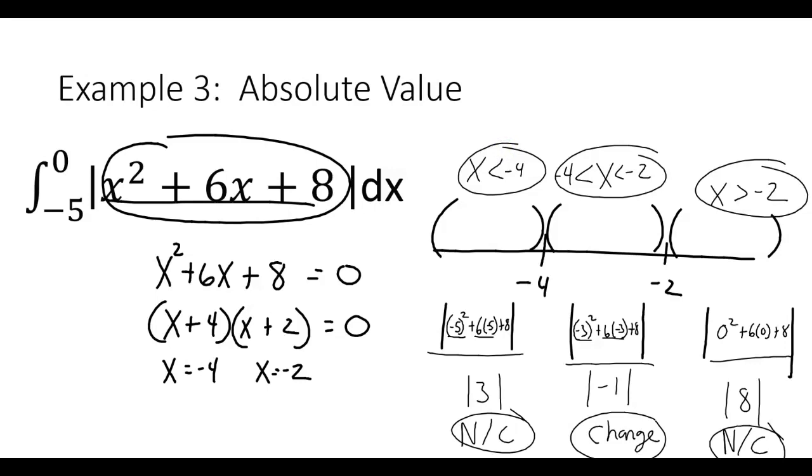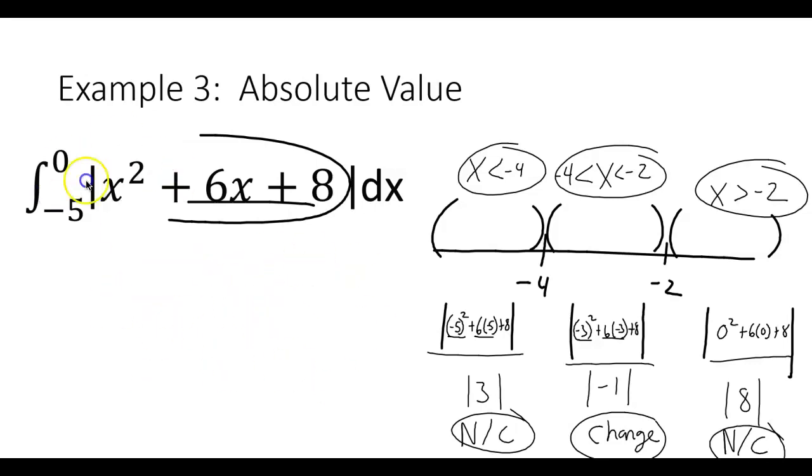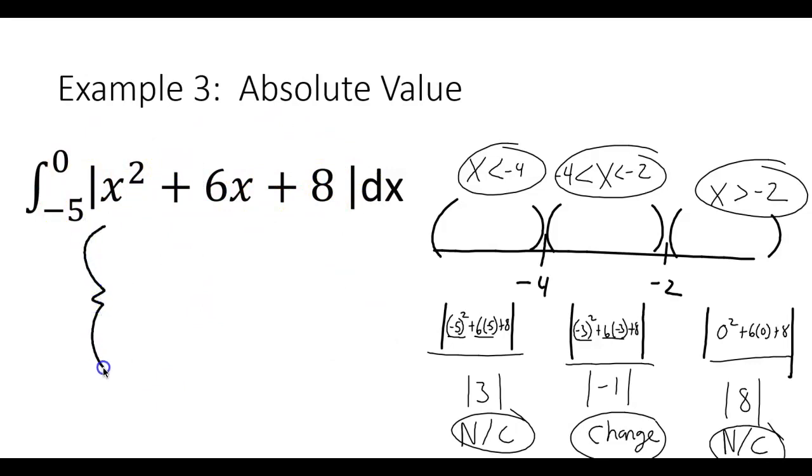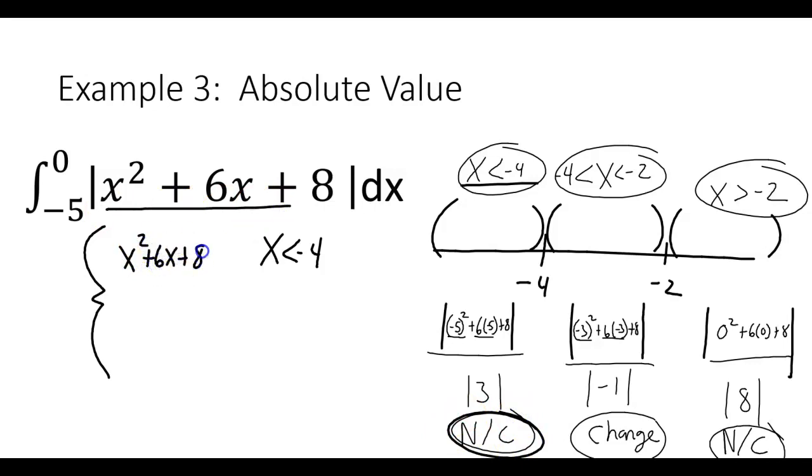And so whenever I go to write this as a piecewise function, it is going to be written in 3 pieces. Okay, so that's what happens with the quadratics. They do that. My first piece will be for all x values less than negative 4. And for that one, there's no change. So it's just going to stay exactly the same as we see it there.